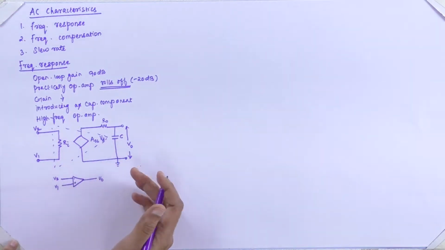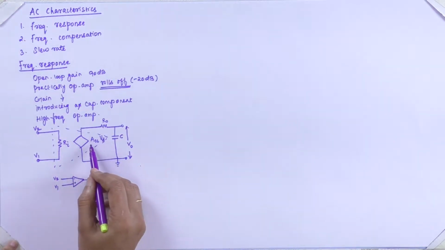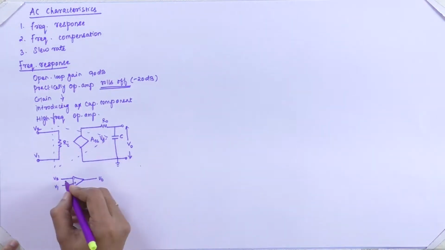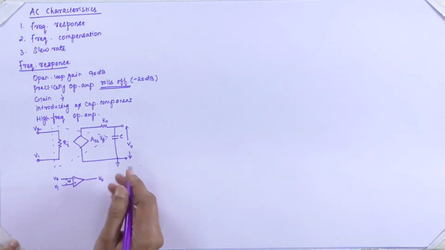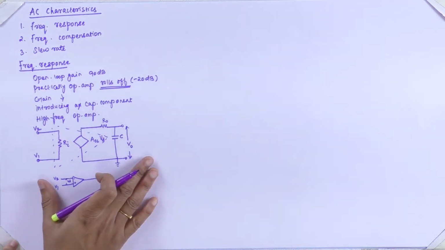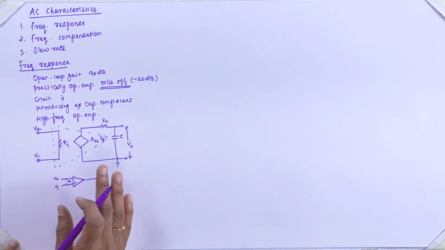This is an open loop diagram. AOL is the open loop gain, and the difference between the two voltages is VD, the differential voltage. This is the diagram we have drawn as the high frequency model.